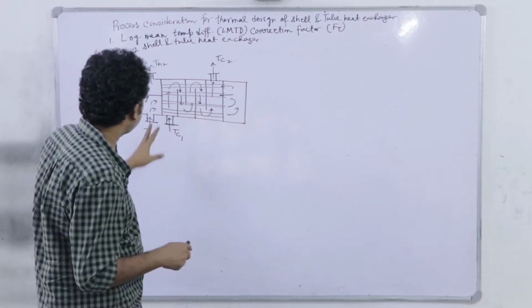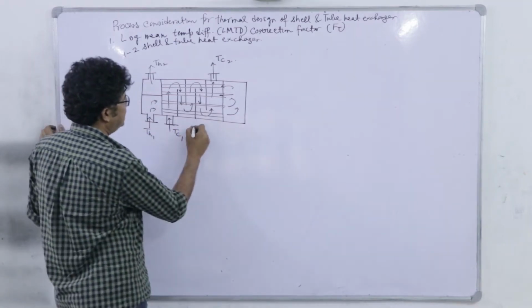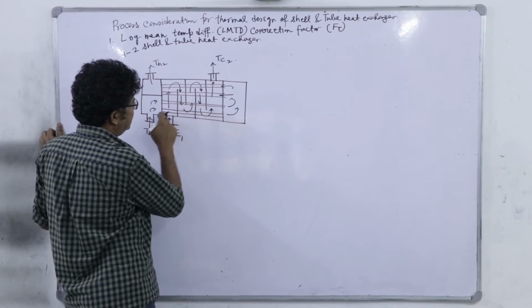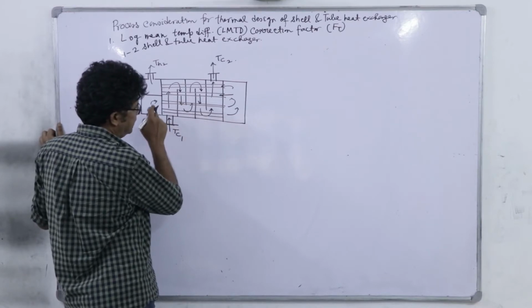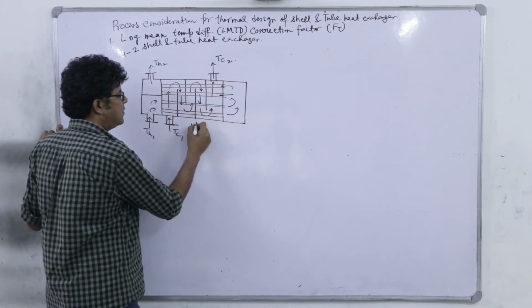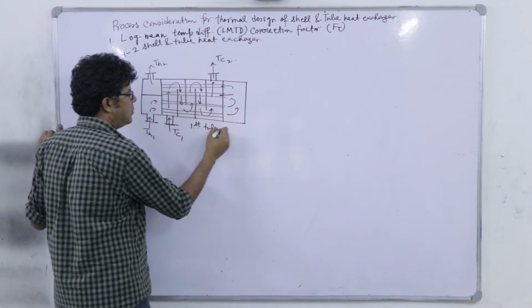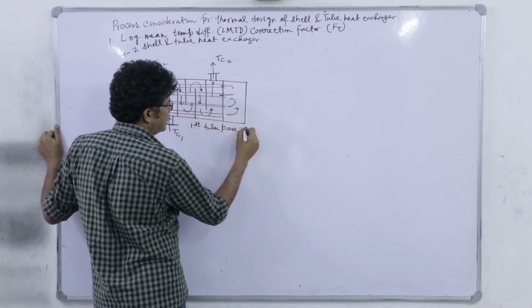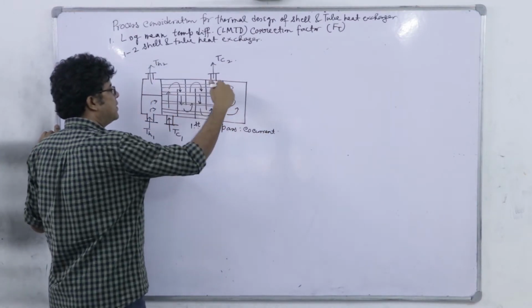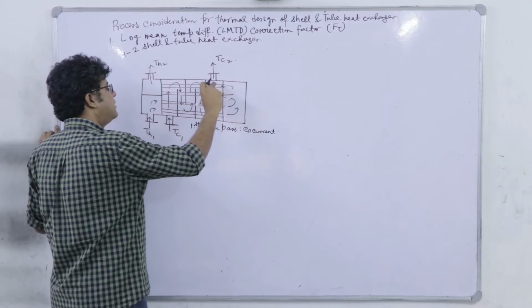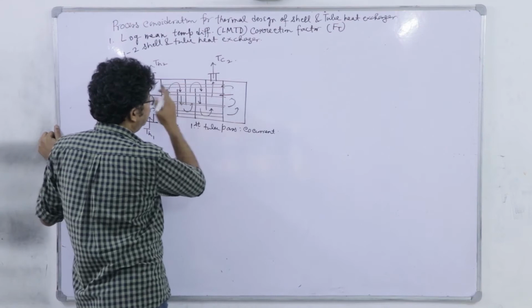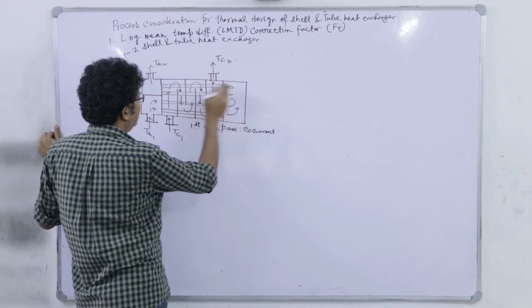Now in this arrangement, in the first pass, the shell side fluid is moving from left to right, and the tube side fluid is also moving from left to right. So the first tube pass is co-current, as we have discussed. However, when the tube side fluid returns in the second tube pass, the shell side fluid is still moving from left to right and the tube fluid is moving from right to left.